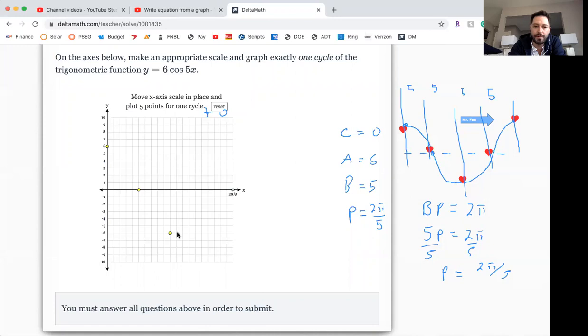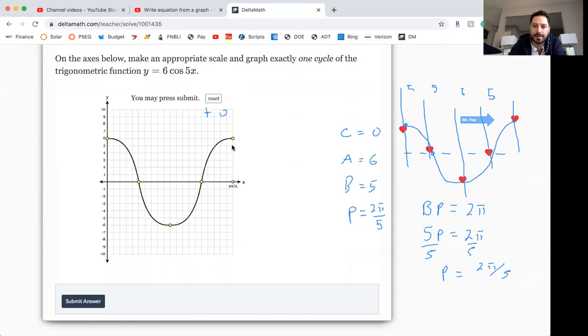Again, over 5, 1, 2, 3, 4, 5, and then up to 0. Then over 1, 2, 3, 4, 5, up 1, 2, 3, 4, 5, 6, again the amplitude.